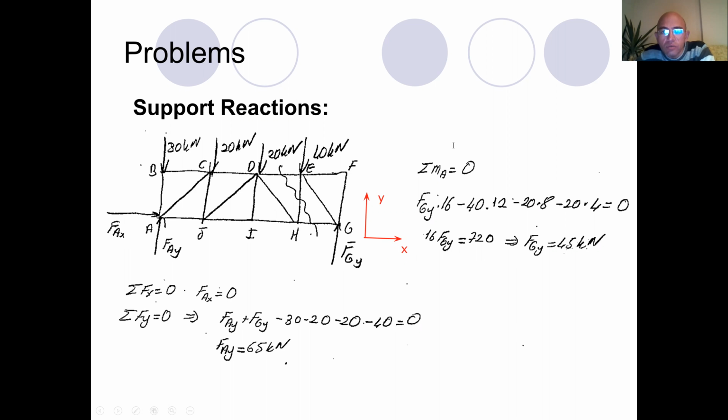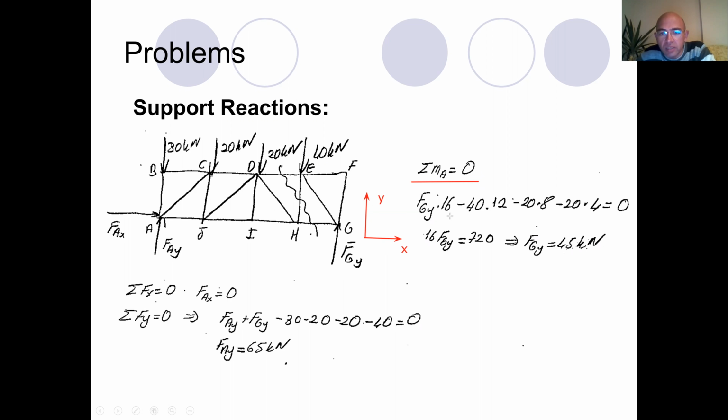We will first calculate the support reactions. In fact, I will begin with the moment. I will take the moment with respect to A. As a result, I will eliminate the forces at point A from the equation, and I will be left with only FGY as an unknown.